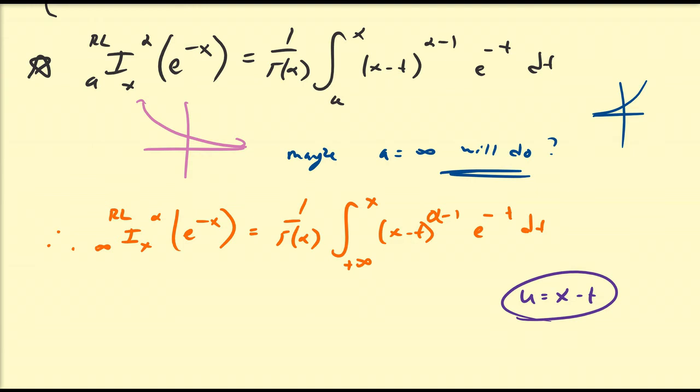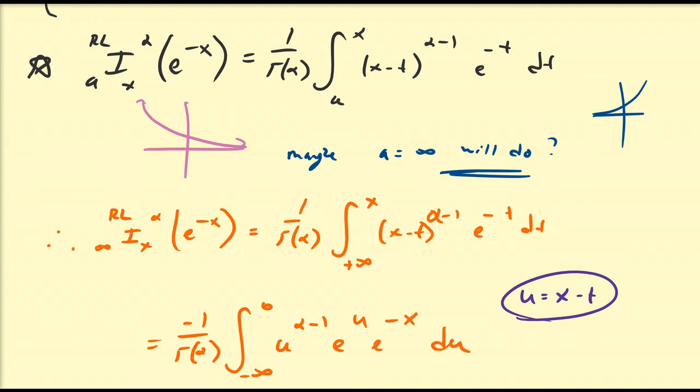Once we do that, this is going to be equal to minus 1 divided by gamma alpha times the integral from minus infinity to 0 of u to the alpha minus 1 times e to the u times e to the minus x du.